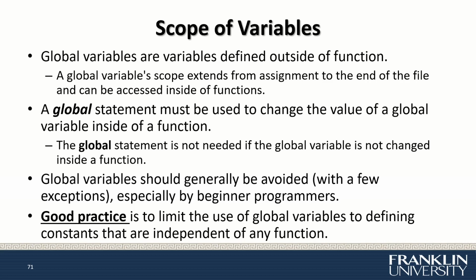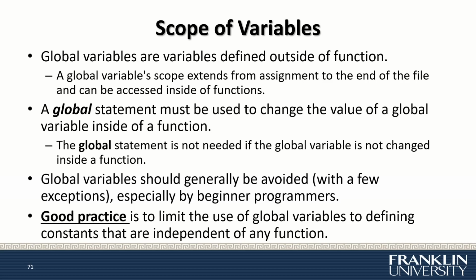And if you have a global variable, and you want to change the variable inside the function, you have to use a global statement. A global statement is not needed if the global variable is not changed. In other words, if you just want to get the global variable value.